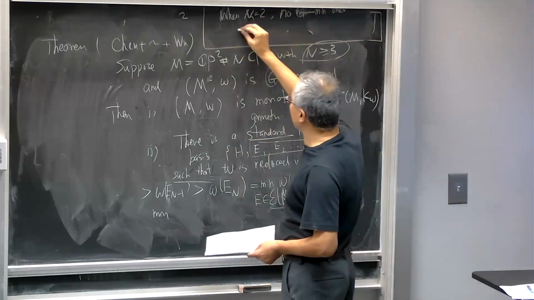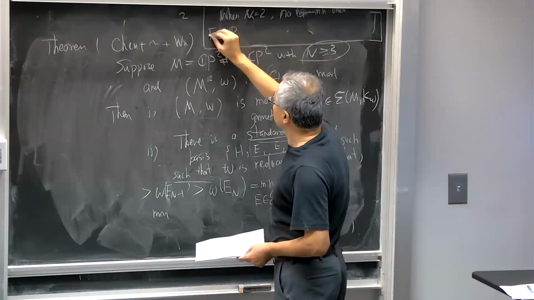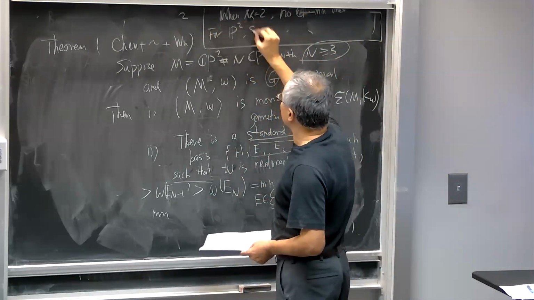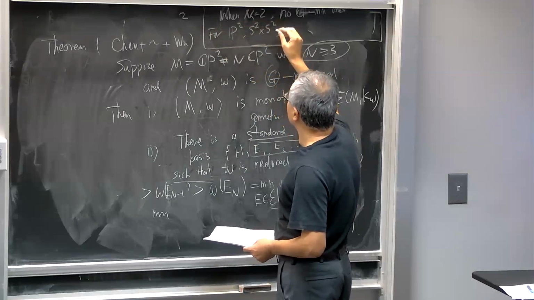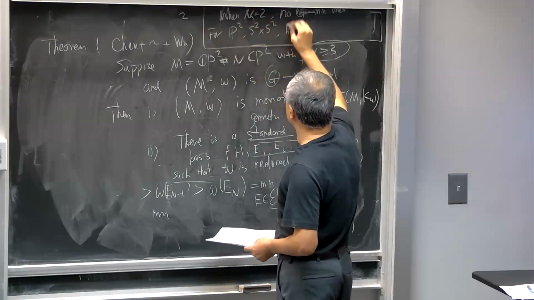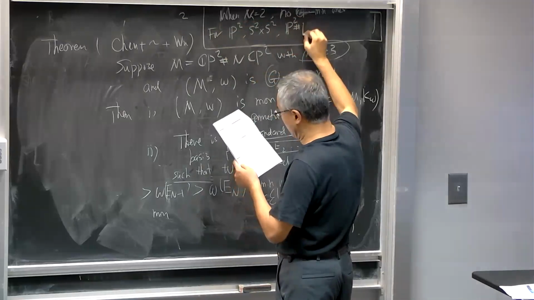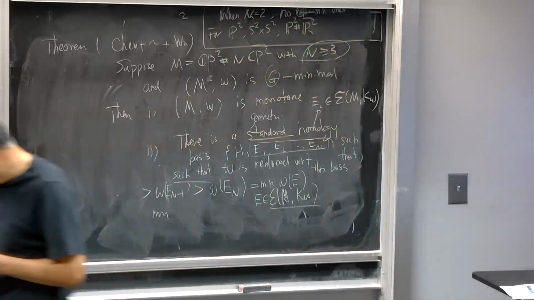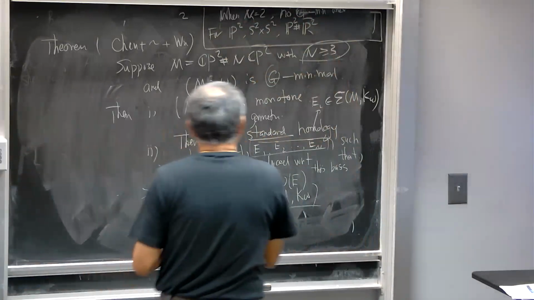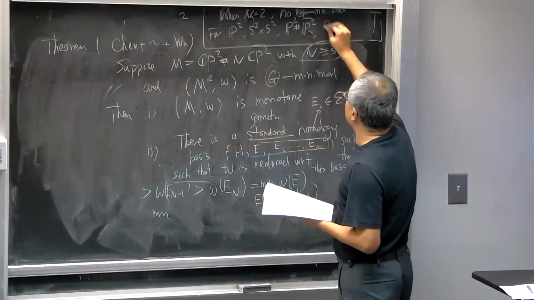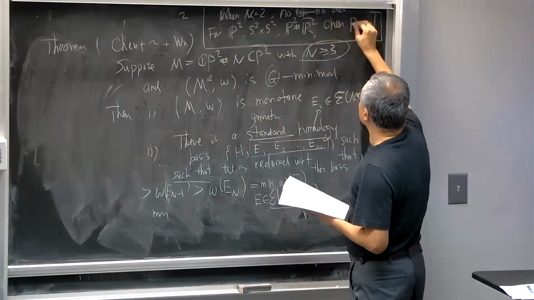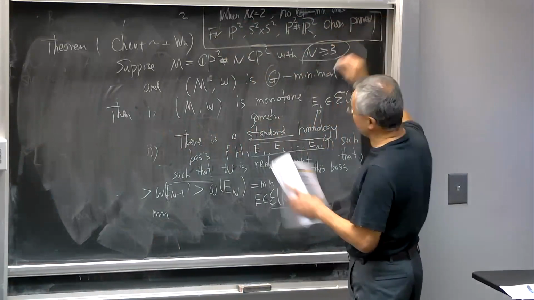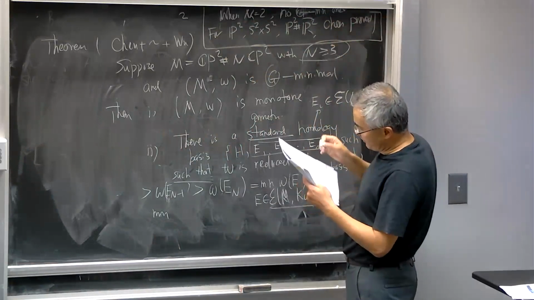The smaller ones are just P2, S2 cross S2, or P1 times P1, or P2 blown up at one point. Wei-Ming Cheng wrote many papers about these manifolds.